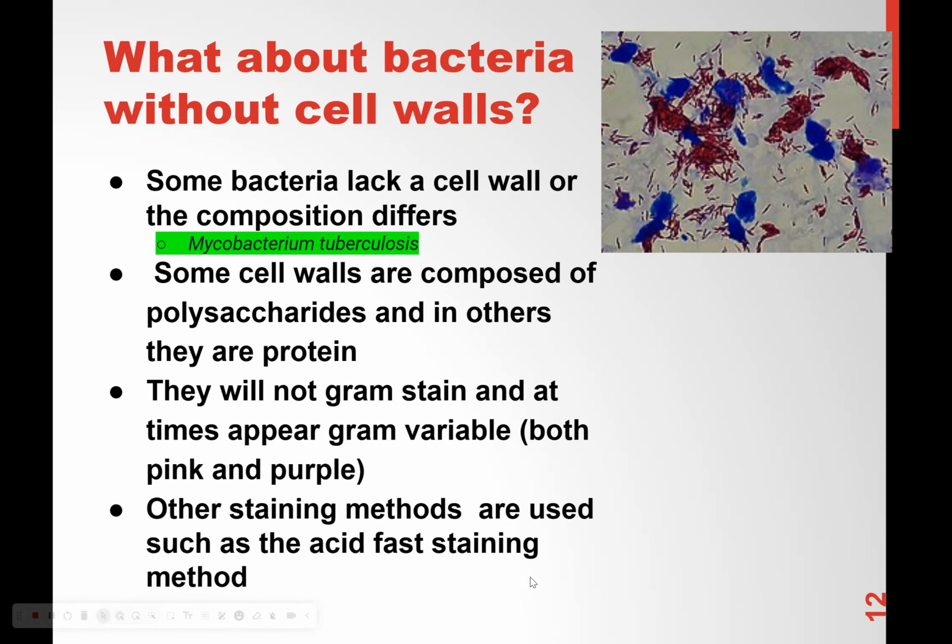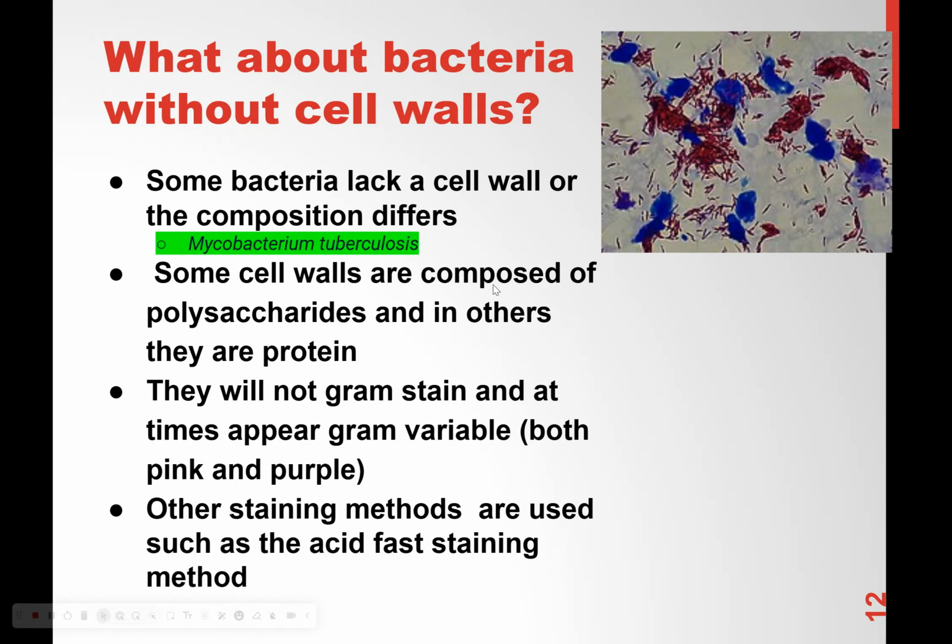So sometimes we have to use different staining methods because they show up gram-variable, both positive and negative, which is what we're seeing here in this picture. And we can use the acid-fast staining mechanism to do that because of the waxy coating that the Mycobacterium produces, right? So we just go about different ways of staining if we don't have that cell wall that we need.